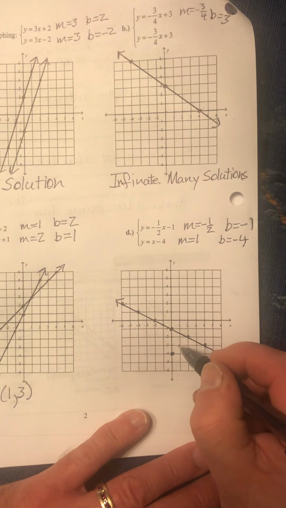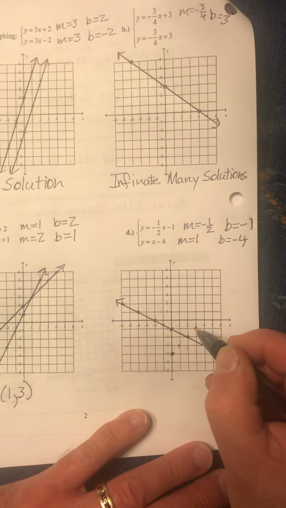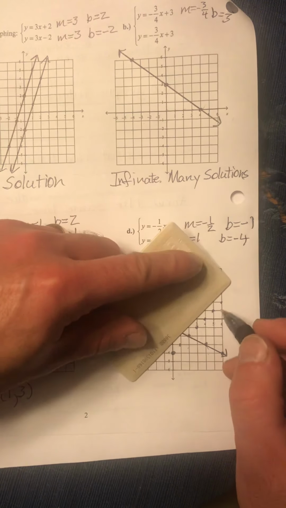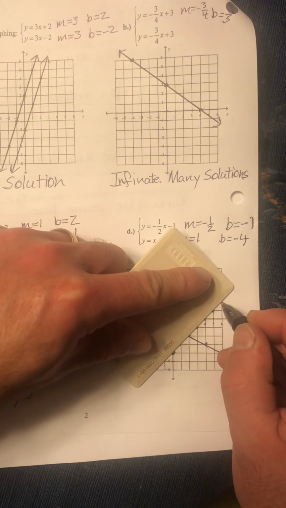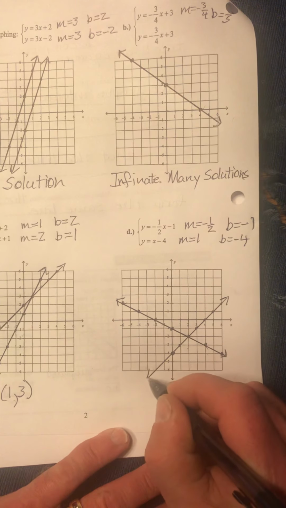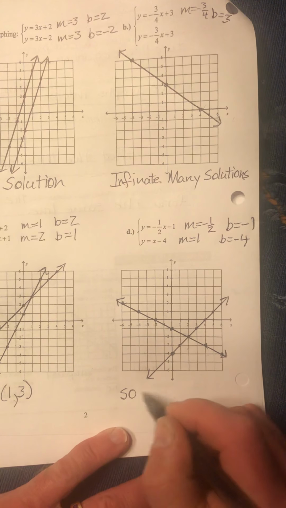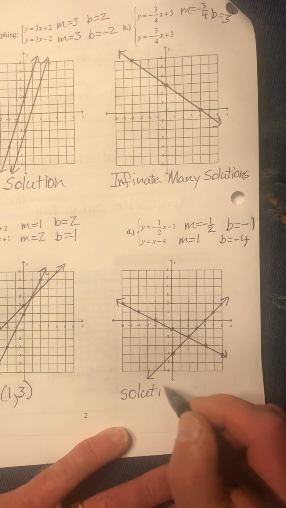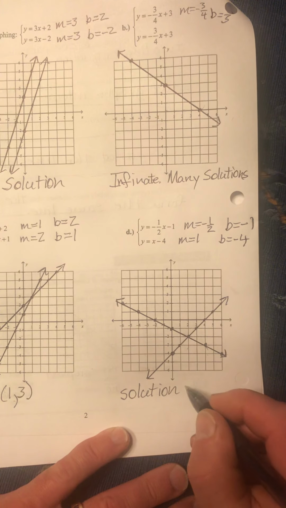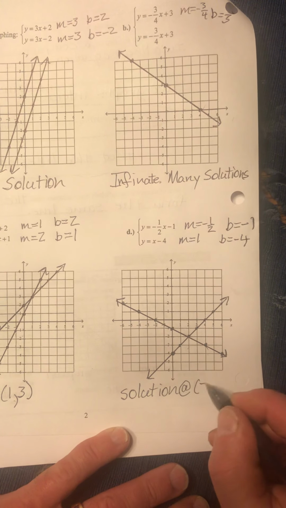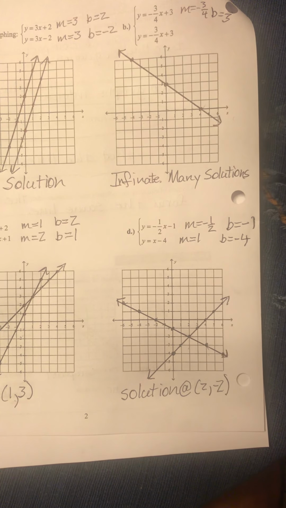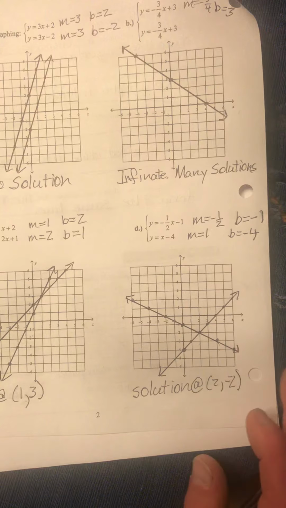We've got a slope of 1. And so our solution is at 2, -2.